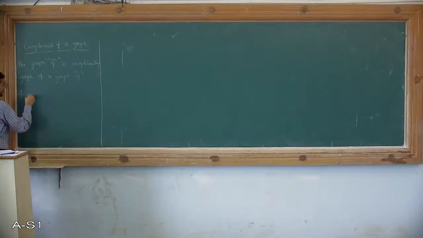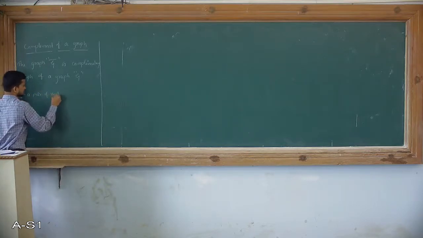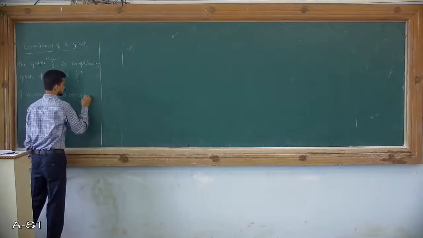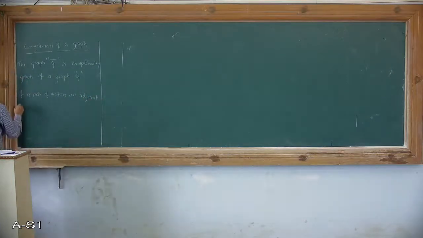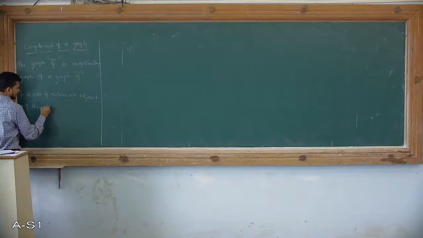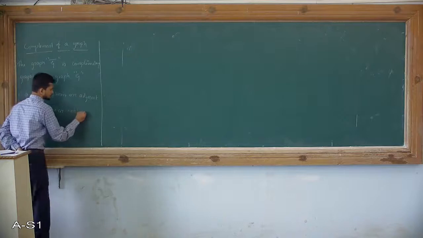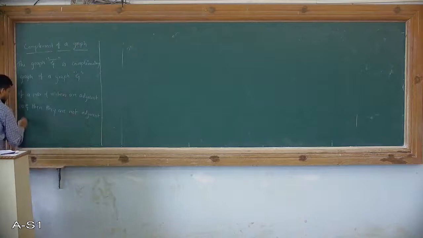a pair of vertices are adjacent in G, then they are not adjacent in G bar.